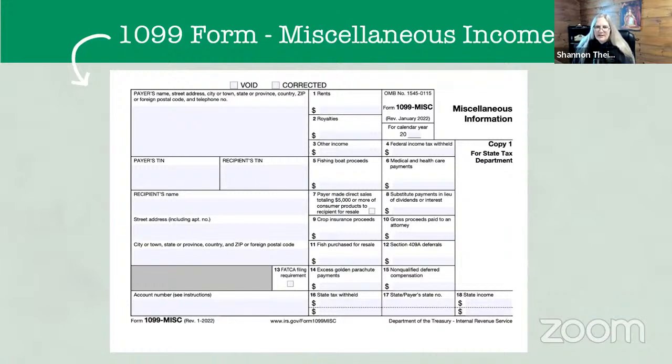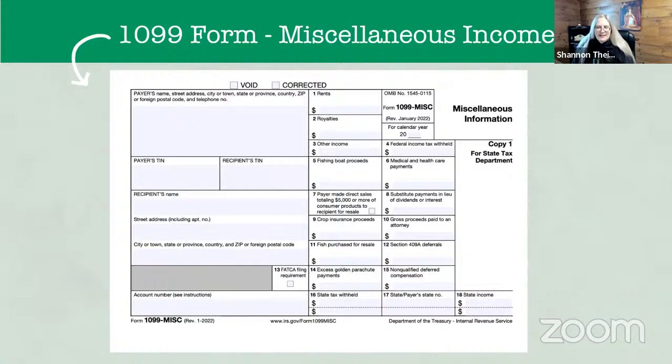There's a lot of other things that go in box 3, and I have several videos on what goes in box 3 and how to determine what goes in box 3. And if any federal income tax was withheld, that goes in box 4. Fishing boat proceeds go in box 5. Medical and healthcare payments go in box 6.